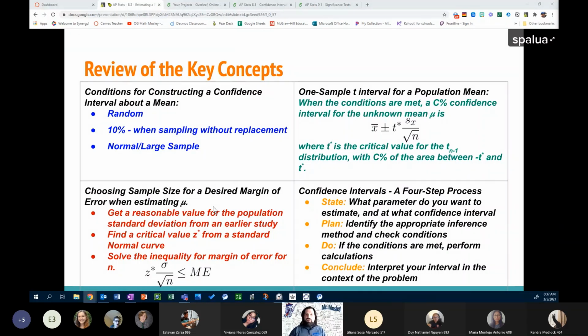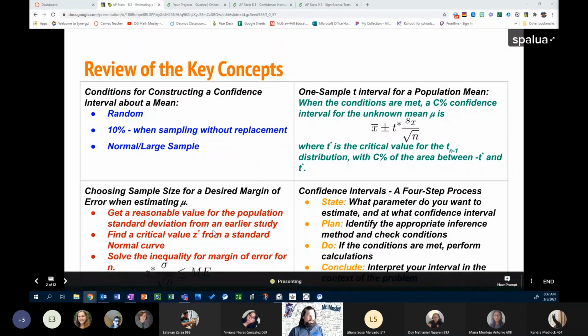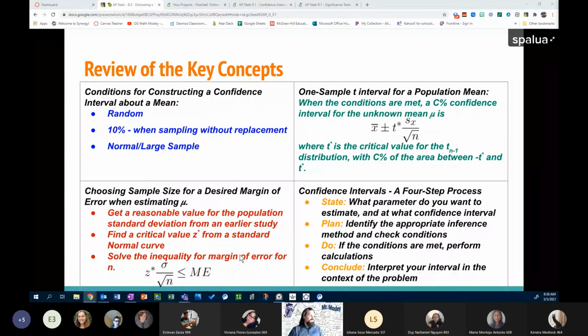We do not have a default value like we do with the proportions. Once we have that value, we then find a critical value z star from a standard normal curve based on the confidence level that we want. All right, so we're going back to table A for this one. And we then solve the inequality for the margin of error for n. All right, and we use that margin of error equation. And since we know the margin of error we're targeting, we set that to the right-hand side of the inequality and we solve for n.